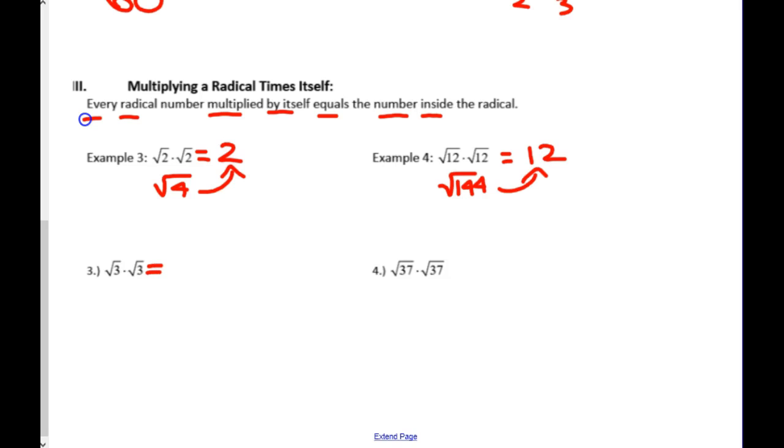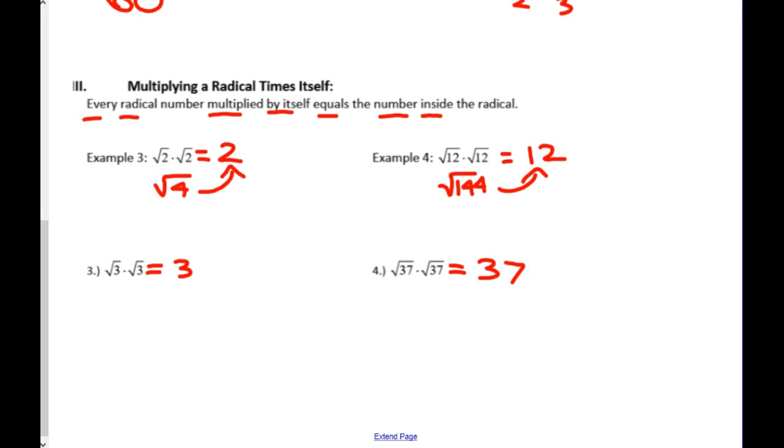Square root of 3 times square root of 3 is just 3. And then number 4, square root of 37 times square root of 37 is just 37. No big deal. You don't have to write a step between it. We know that from now on. Okay? So far so good.